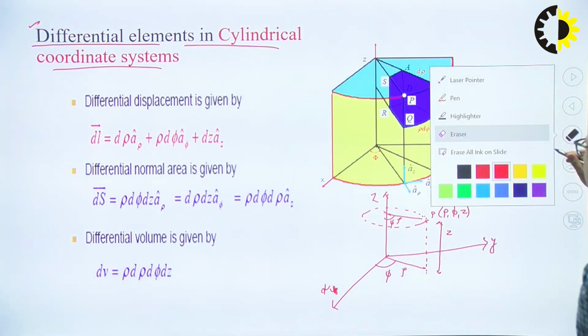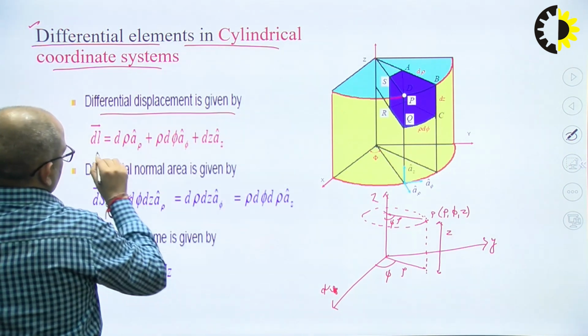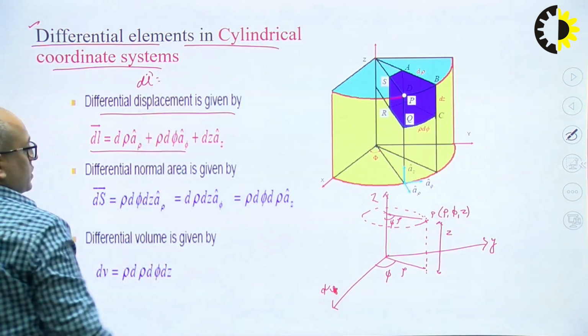First find out the differential displacement, this dl is given by what? This length.